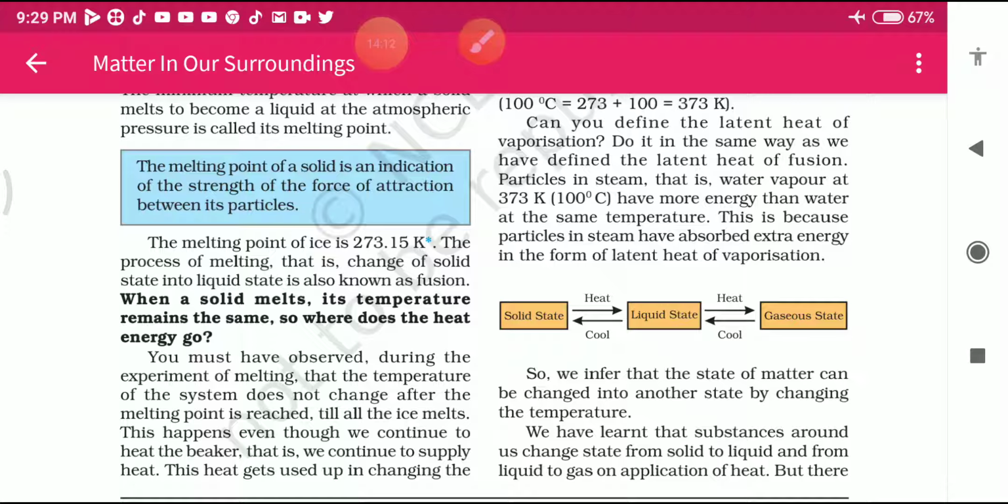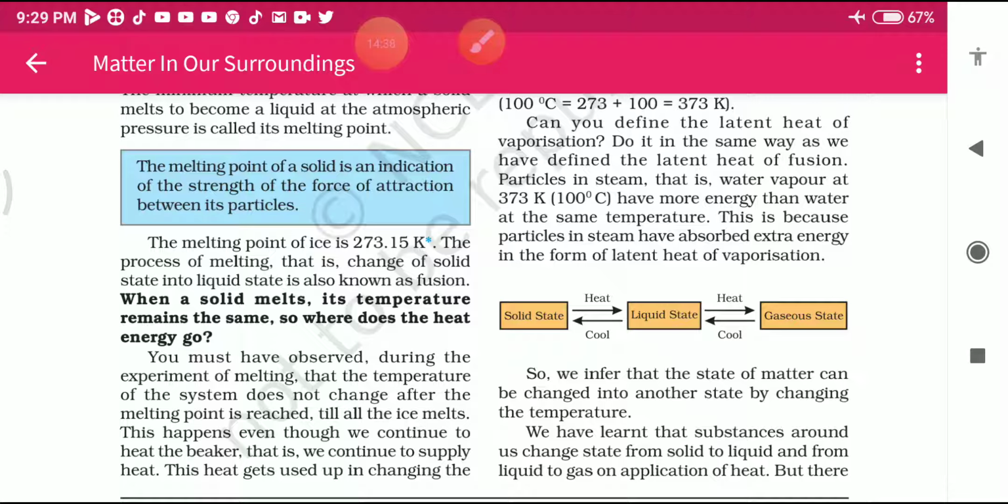Now students, when we cool the gaseous state, it is converted into the liquid state, and when we cool the liquid state, it will convert into the solid state. In this chapter we study the latent heat.